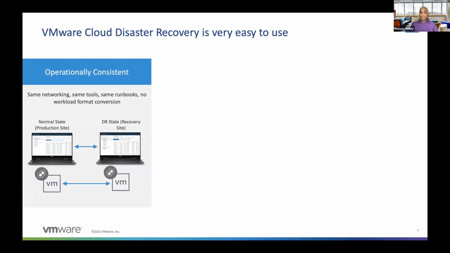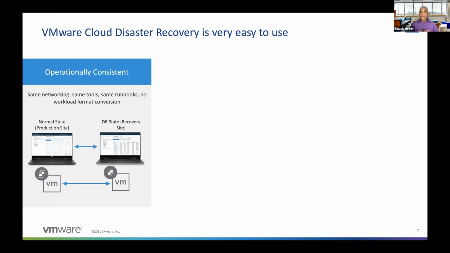There's a challenge there, because in a disaster recovery event, do you really want to experiment with converting your VMs into something else? And also, all your tooling will break. It's not an easy thing to convert. Because it's VMware on both sides and the vCenter looks the same, you get this operationally consistent behavior. All your tools, networking, and scripts will work, so that reduces the burden for you.